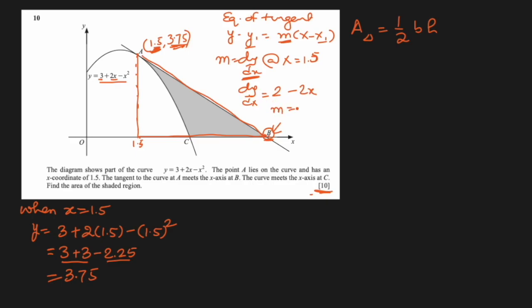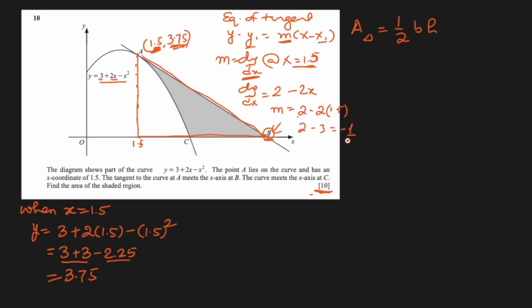So m becomes 2 minus 2 times 1.5, 2 minus 3, which is negative 1. Doesn't look like negative 1, but these drawings are not to scale, the y direction may be different. So negative 1, but yeah, it is going down, it's negative.